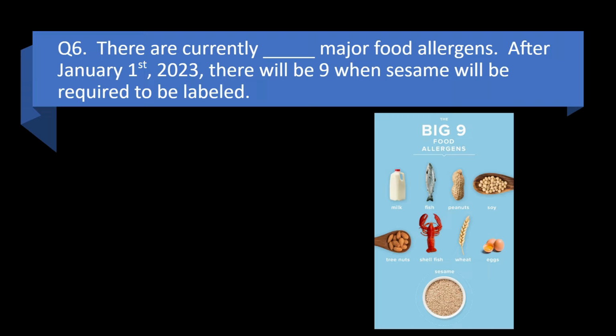There are currently blank major food allergens. After January 1st, 2023, there will be 9 when sesame will be required to be labeled. 5, 6, 7, or 8. D. 8.